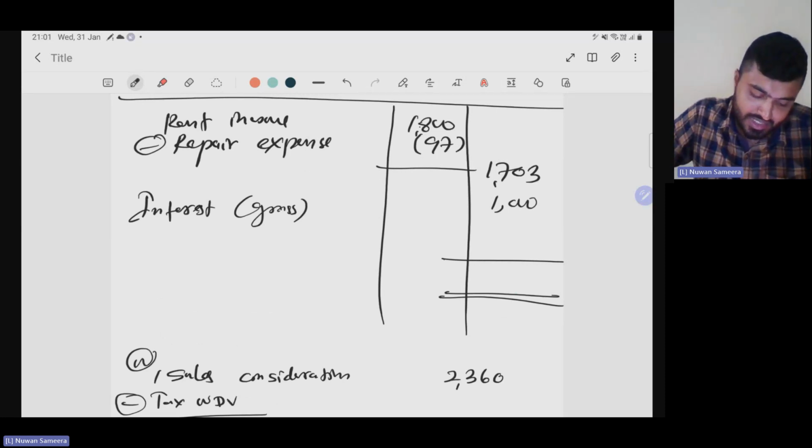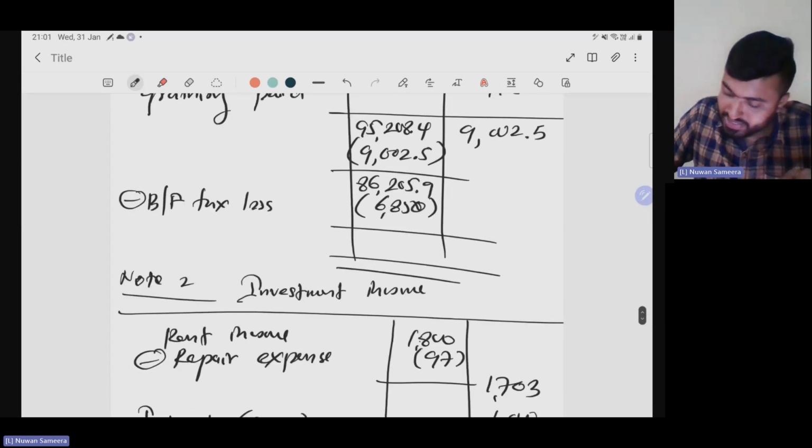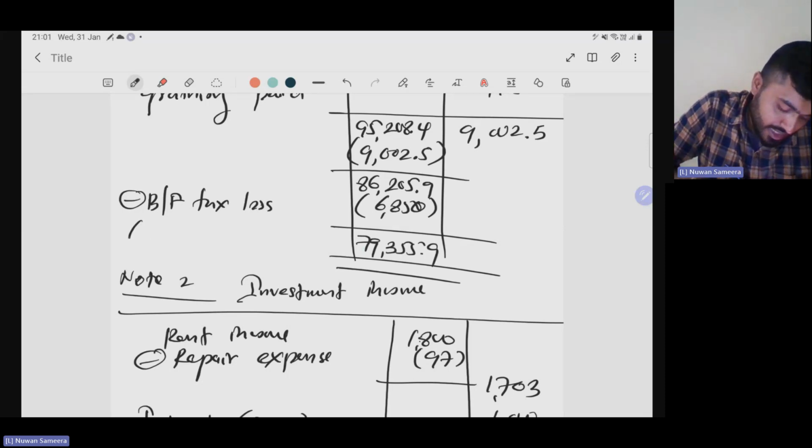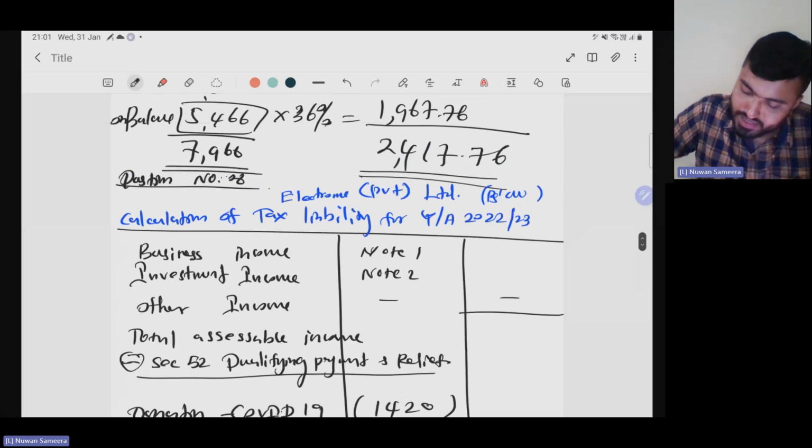So like this, here you can deduct 6,850. So here 79,355.9. So this is the taxable income from business.